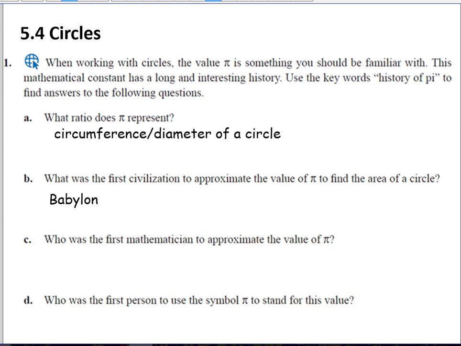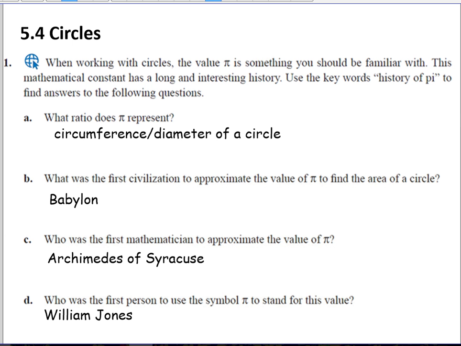The first mathematician to try and approximate the value of pi was Archimedes of Syracuse. And then the first person to use the symbol pi to stand for this value is William Jones. So again, you won't be expected to remember this, but maybe it'll help you in Jeopardy someday.